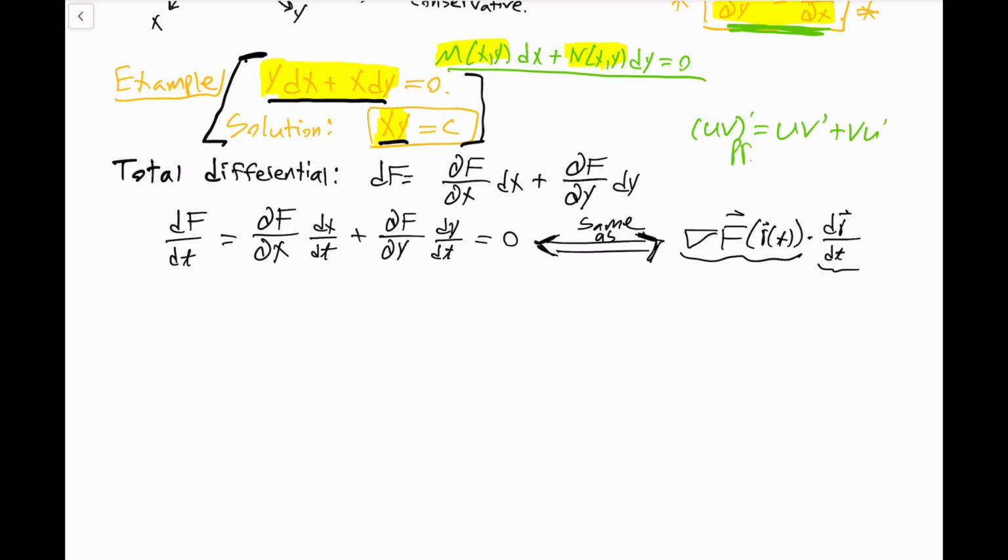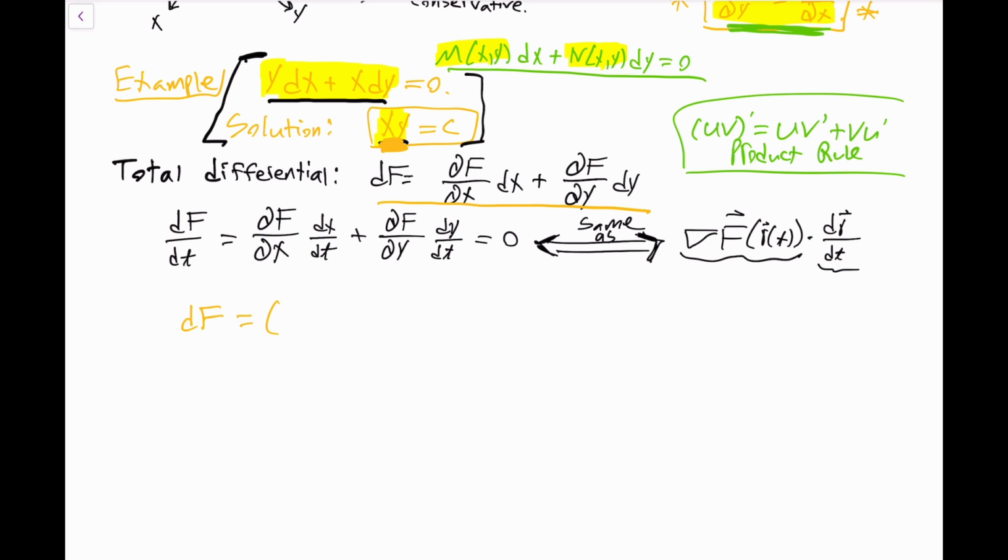So that's just the product rule. Okay, so we will get the total differential. We just want df, not df/dt. So df is equal to the partial of f with respect to x. So this is what we're trying to solve. And we're working with xy.